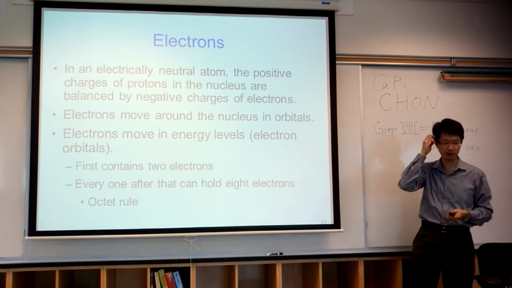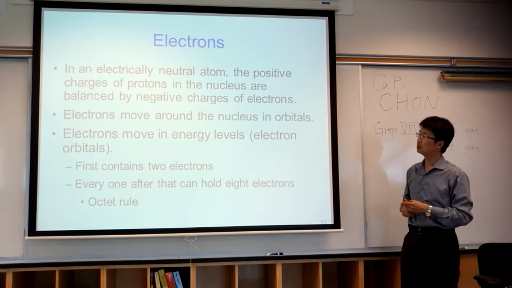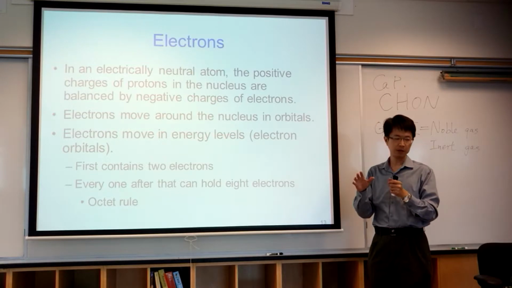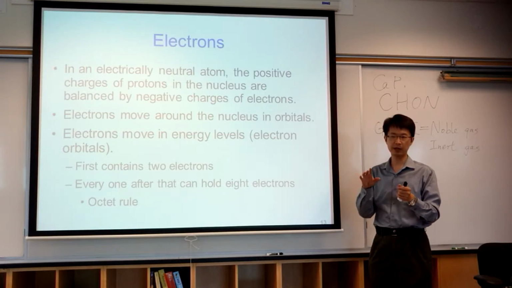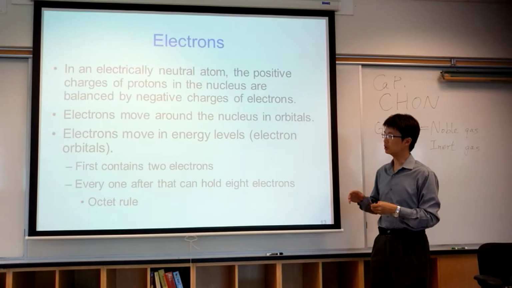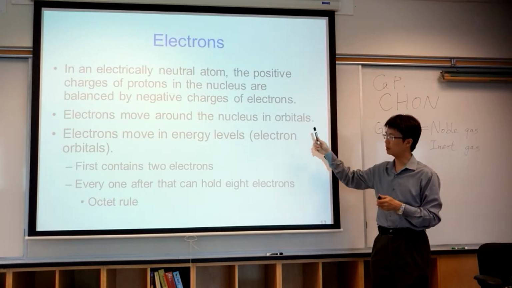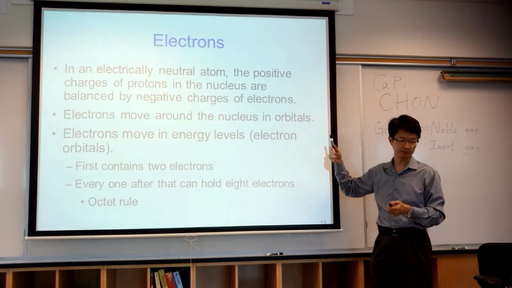Now, electrons. Normally for an atom, the number of protons and the number of electrons are the same when they are neutral, when they are not doing anything. And electrons move around the atom in something called an orbit, or you can call it an electron shell.